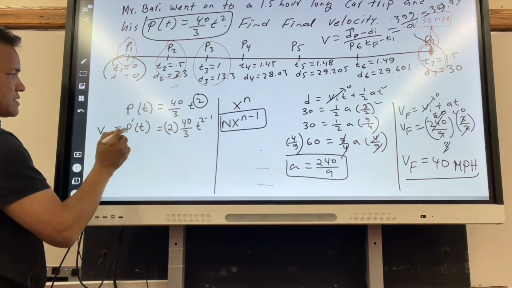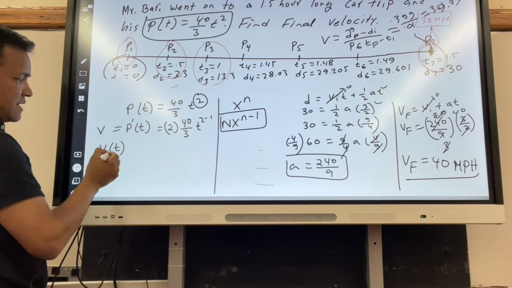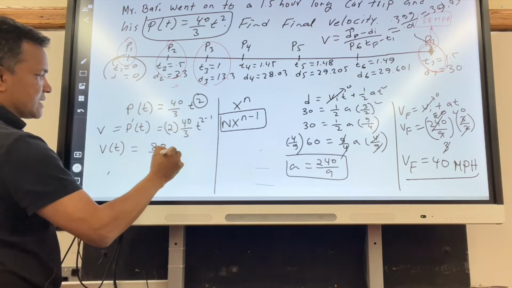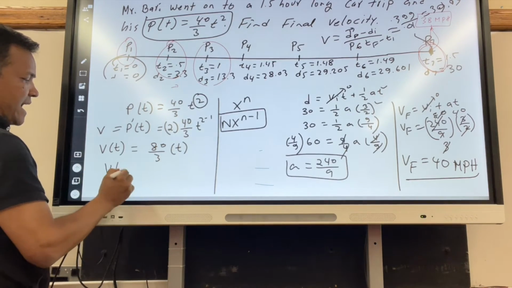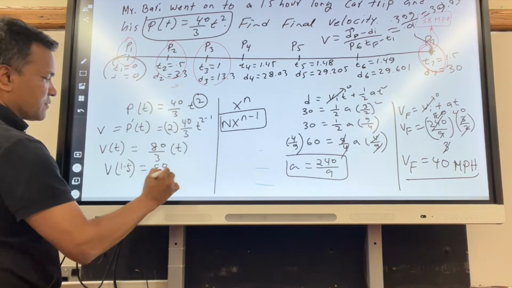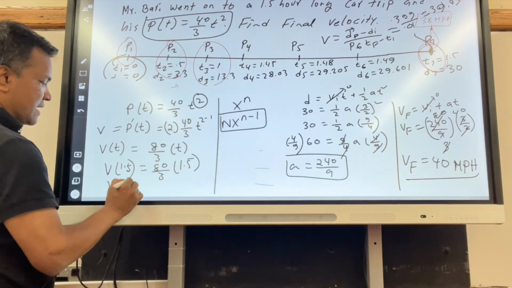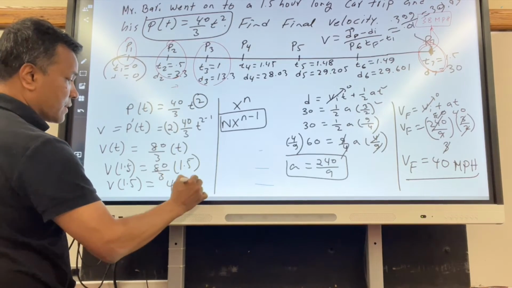Instead of p prime of t, we're going to call it v of t, because if you take the first derivative you get velocity. So 80 over 3 t, because 2 minus 1 is 1. So velocity at 1.5 is 80 over 3 times 1.5, which is 40 miles per hour.